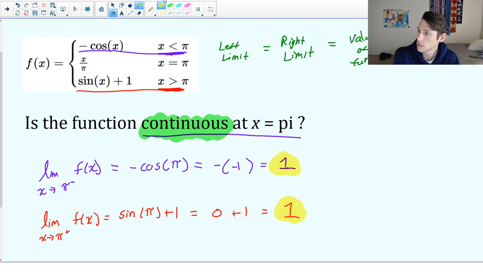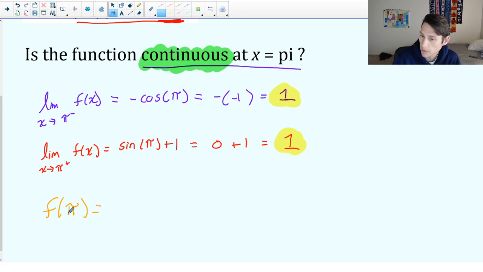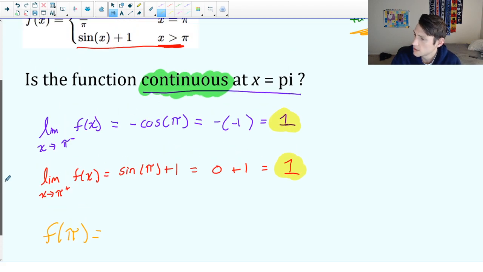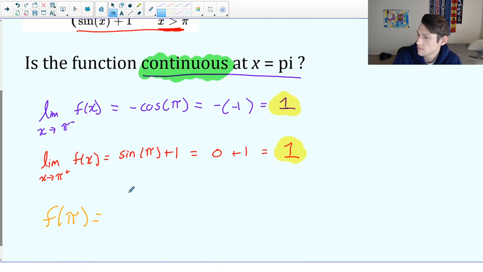The two sides of the limit are the same. That's great. Now we just have to check, does it actually equal the value of the function? So not a limit, just purely f of pi. Well, if I plug in pi, so I'm not talking about what if I plug in things that are to the left of pi or to the right of pi, just if I plug in pi, then we use this, x divided by pi.